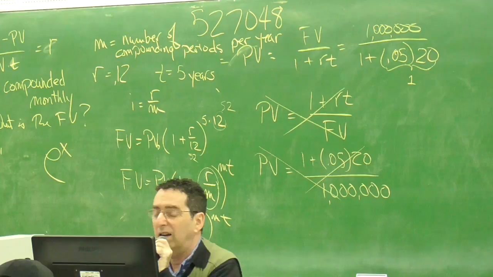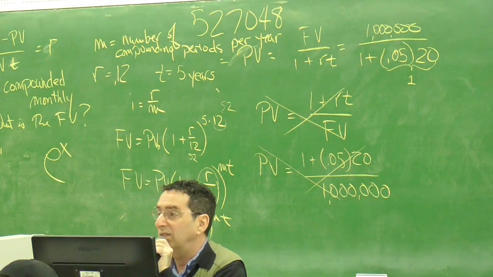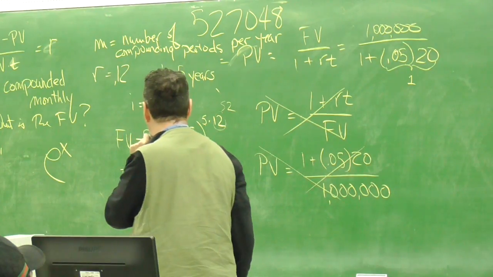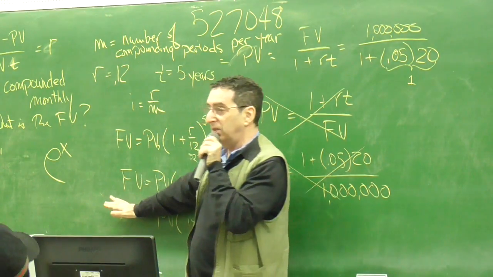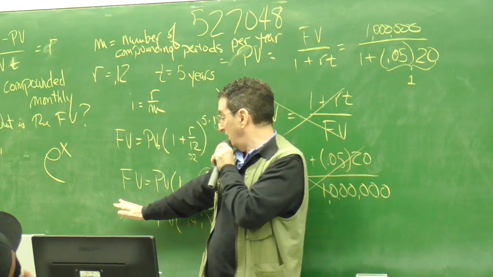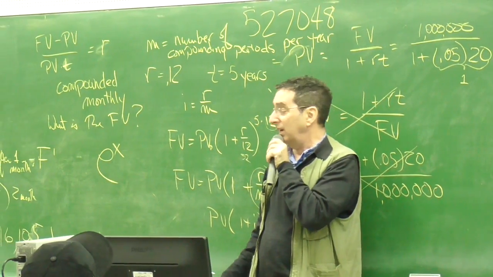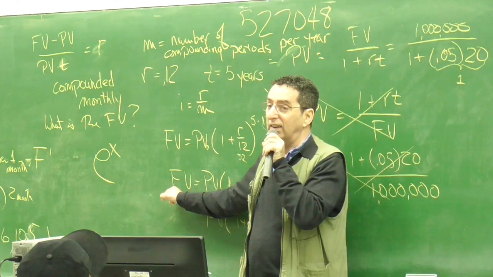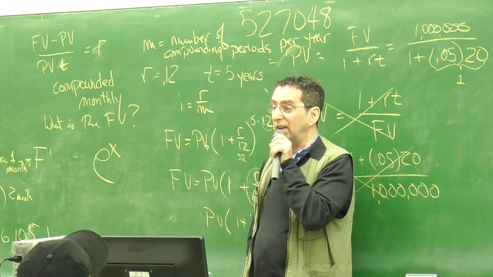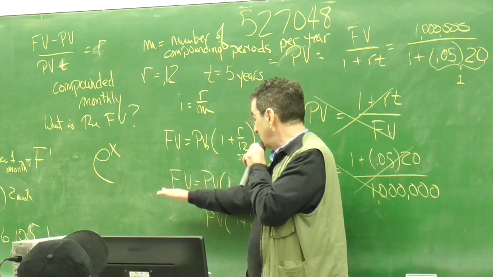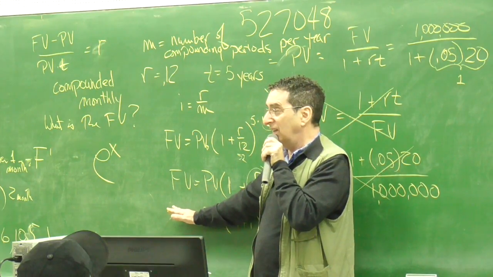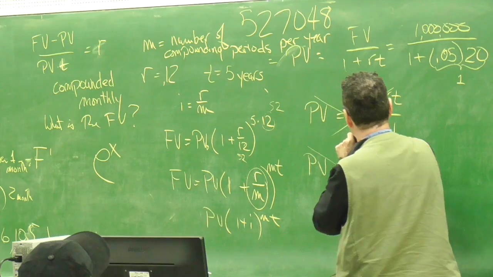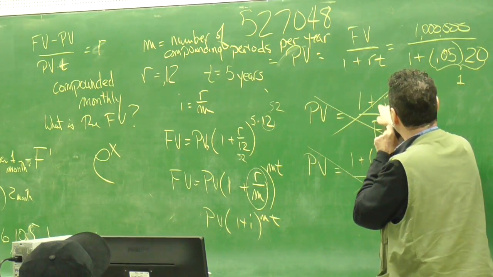Okay, so the last thing is, when you're doing compound interest, suppose you want to say, I want to have $1 million at the end. How much do I have to invest? Then you have to solve this equation for PV, right? Before we solved another equation for PV, I made a mistake here.